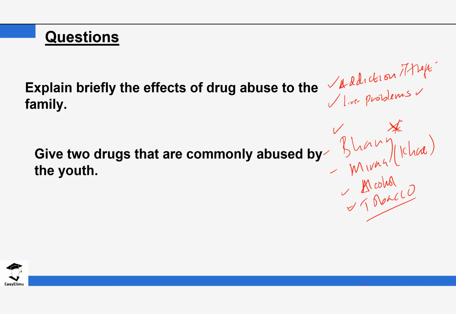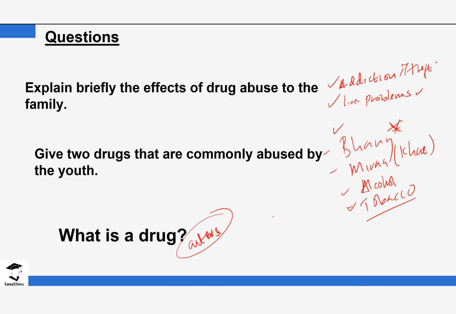So next, let's look at the last question. What is a drug? A drug is any substance that when taken alters the way the body functions. So anything taken, it can be natural or artificial, it will alter the normal functioning of the body.